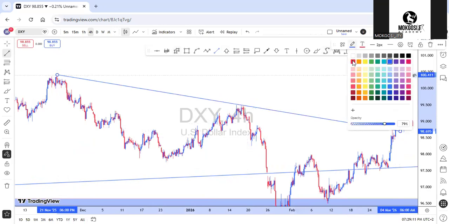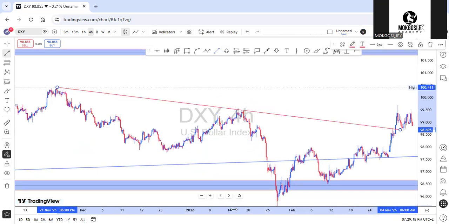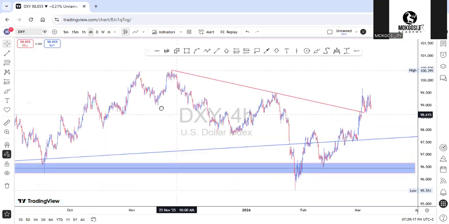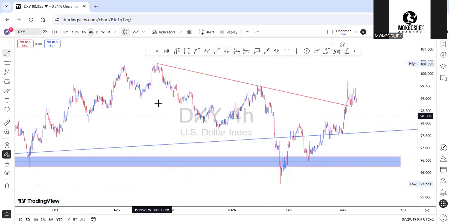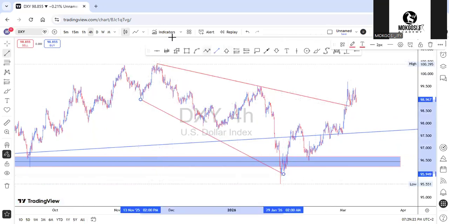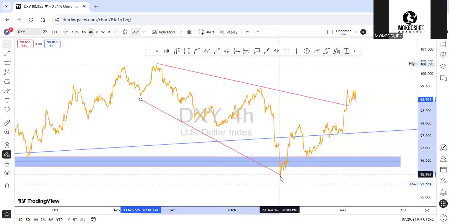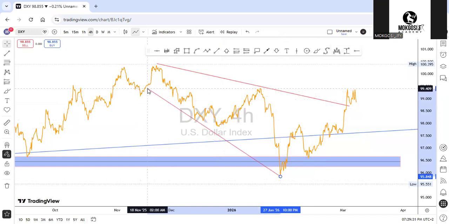And change the color of that trend line, make it red. I want to check what's going on here. Let me turn into a line chart. I made an expanding pattern.